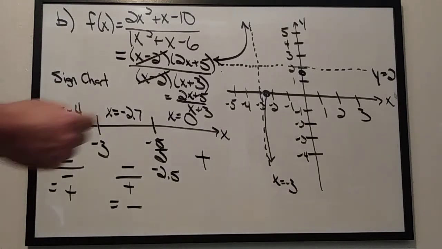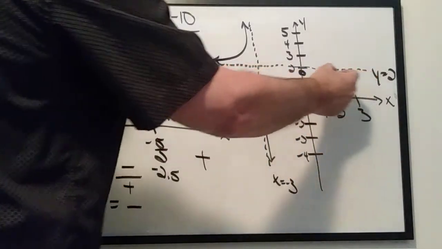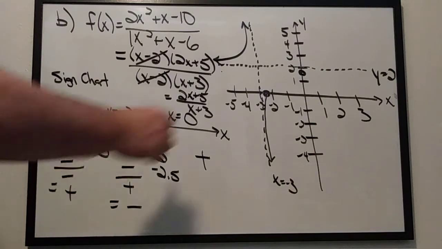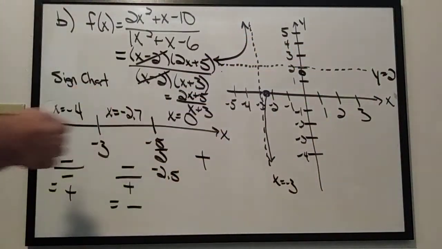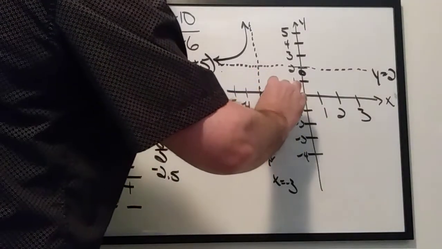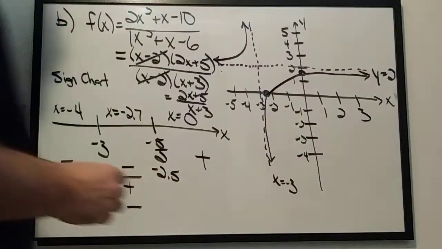Let's finish off our graph. Here we're going to be above the x-axis, but we also have to go through that y-intercept, and we have to approach that horizontal asymptote of y equals 2 as we move to the right. The only way that all happens is if our graph looks something like that.